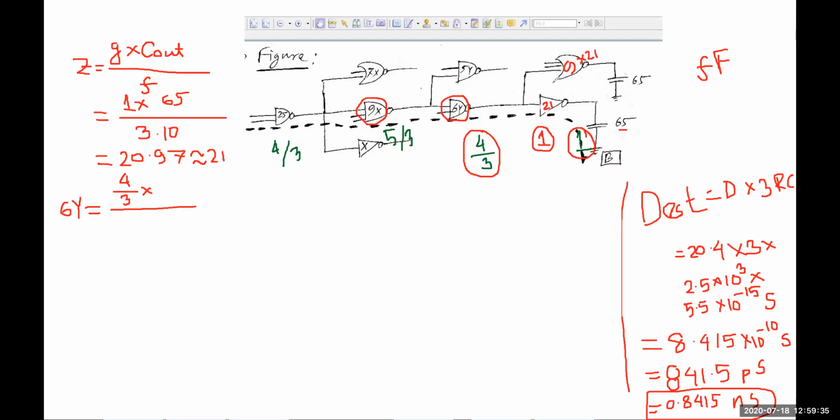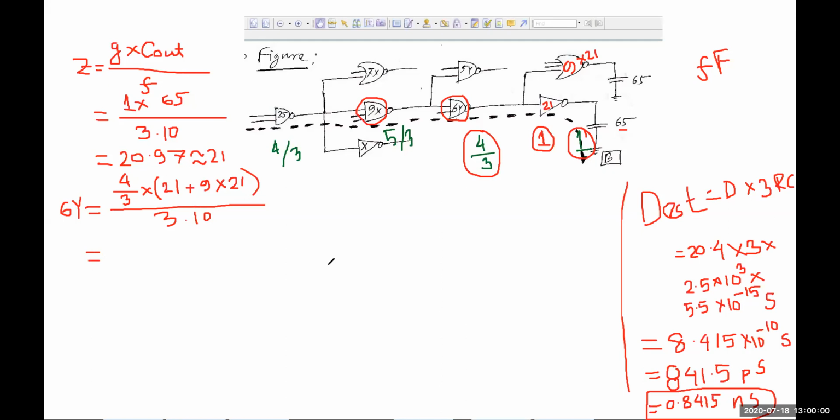Since they are parallel, they will be added. So for this one, the output capacitance is the input capacitance of these two: 21 plus 9 into 21, divided by 3.10.